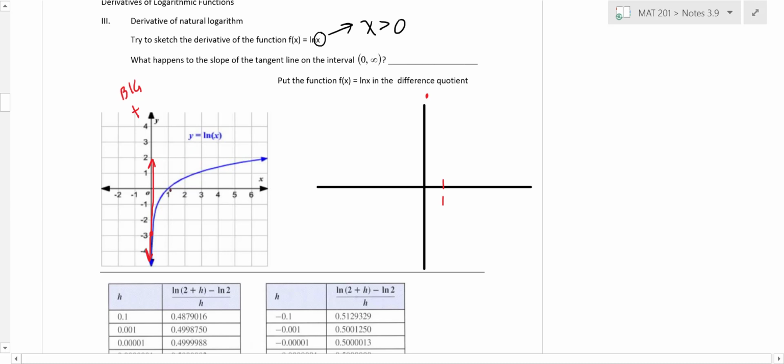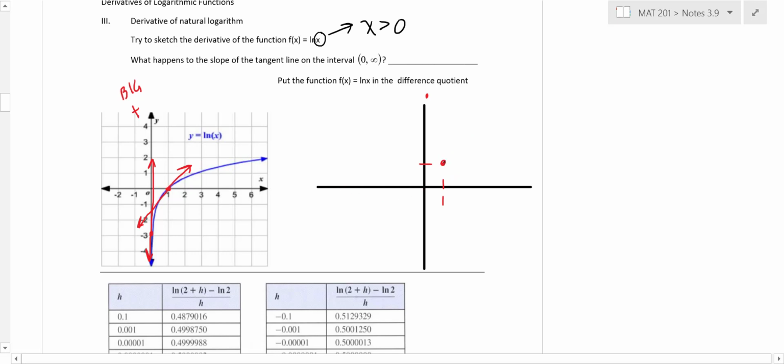Let's go to, let's say, 1. At 1, let's estimate what that tangent line might look like. It's a little hard to tell, but that looks like kind of a 45-degree angle. What did we say the slope of a 45-degree angle was? We said 1. Remember, we're graphing the slope of the tangent line. So it looks like when you're at 1, the value of the derivative is 1.